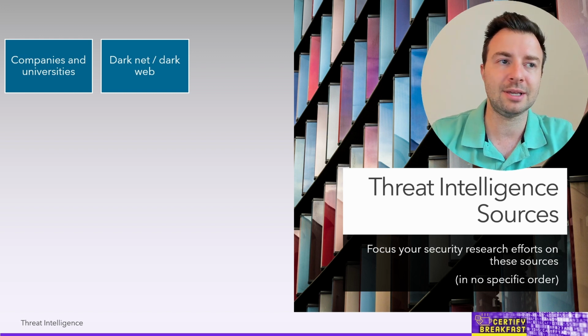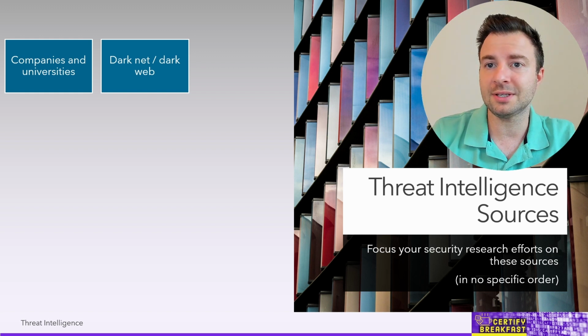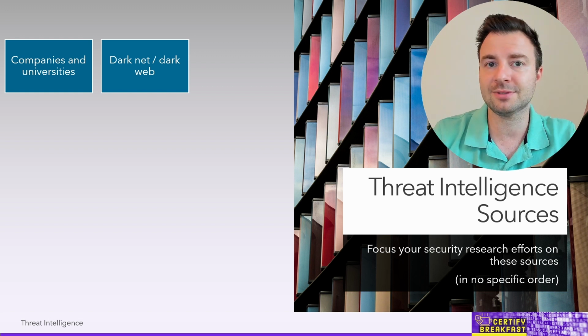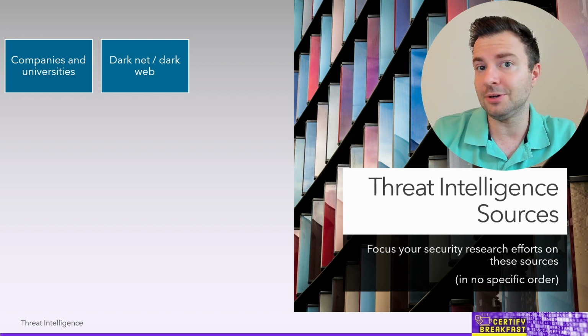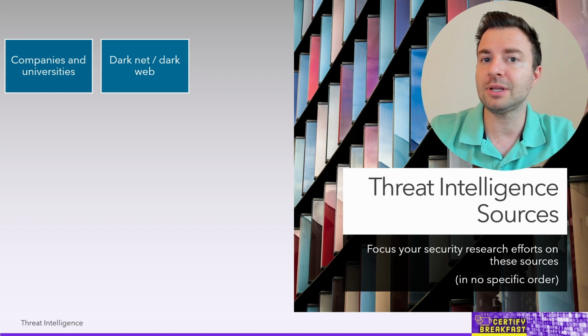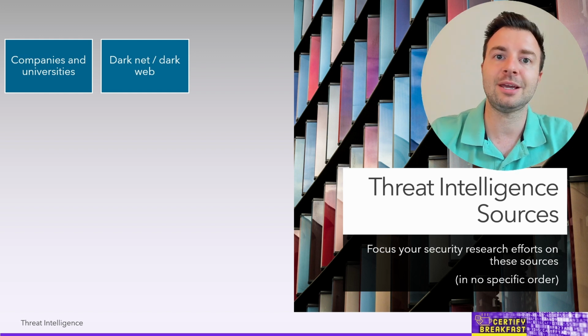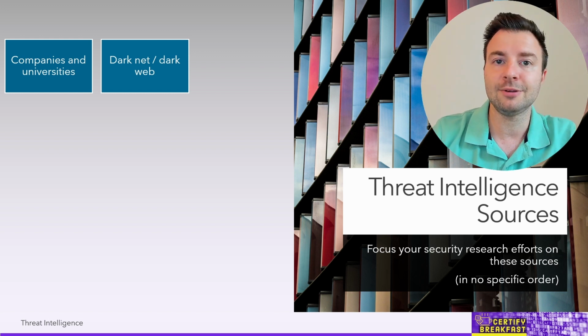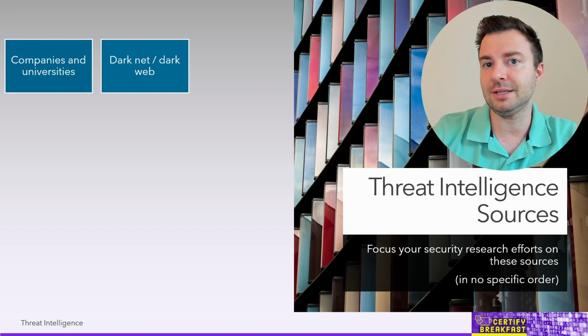Now, don't expect this content to be indexed as nicely as you can just search for it on Google. You're not going to find this content. You have to know where the websites and the content are actually located. So it has to be disseminated from person to person using bulletin boards, feeds, instant messaging, or any type of communication channel. But this is not the type of internet that can be easily searched.